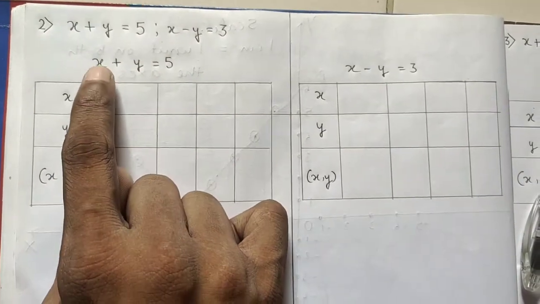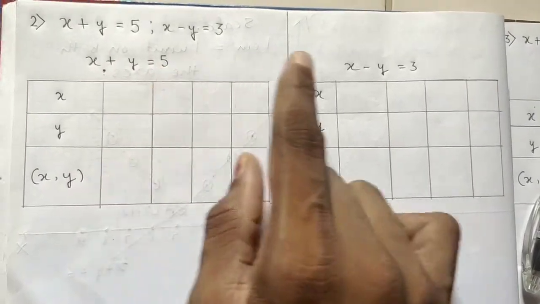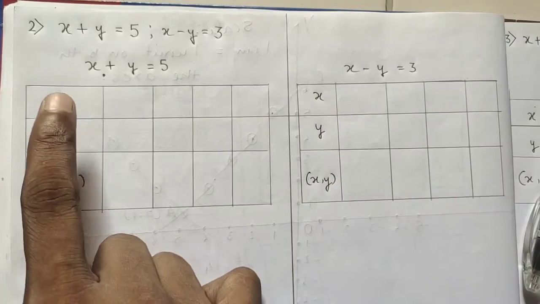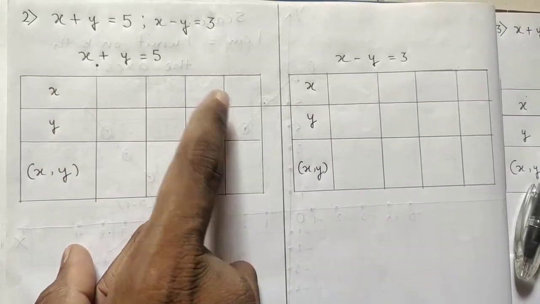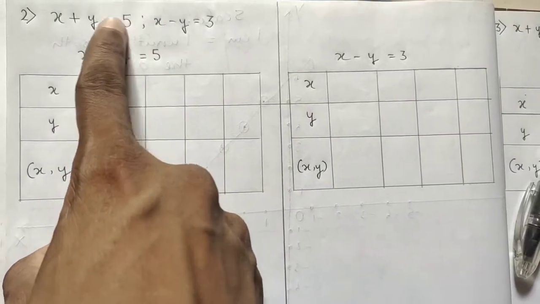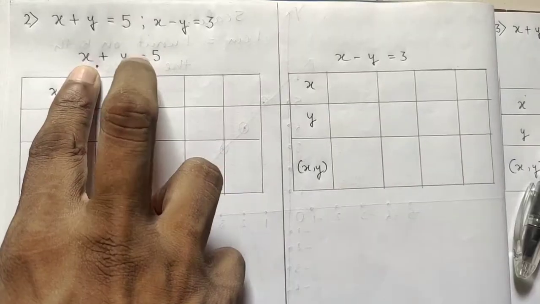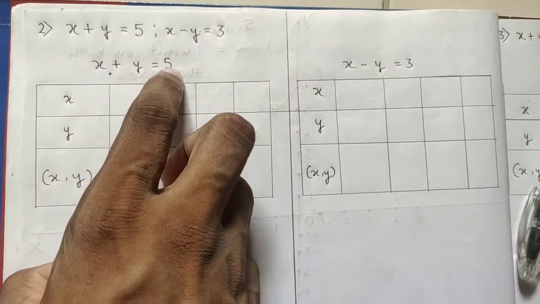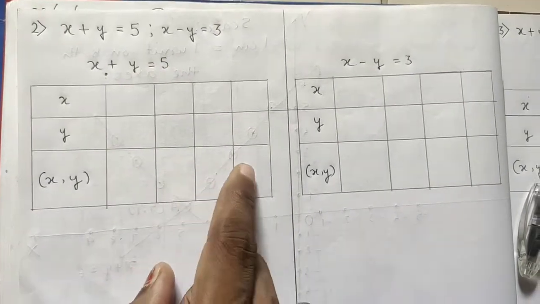Now see, your first equation is x plus y equal to 5 and the second equation is x minus y equal to 3. Now what we need to do, we need to find four sets of values for this. Okay, means we need to find those values of x and y so that this equation gives you answer 5, and this we have to do 4 times.